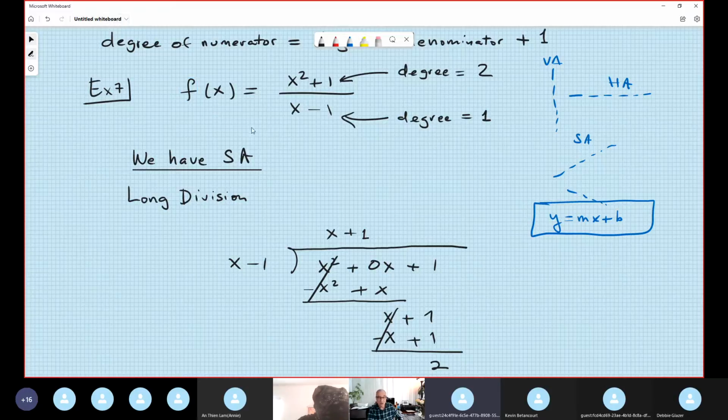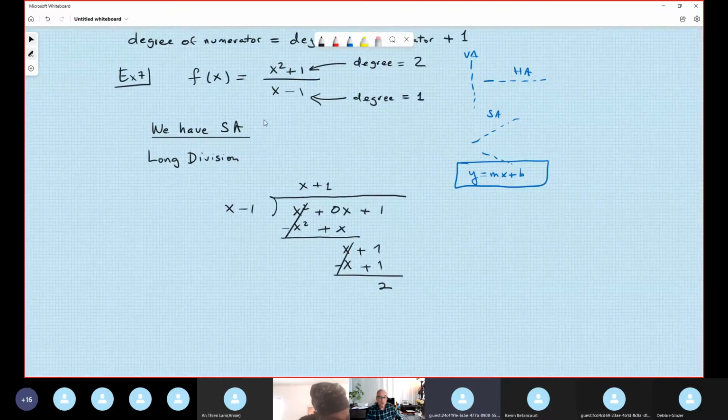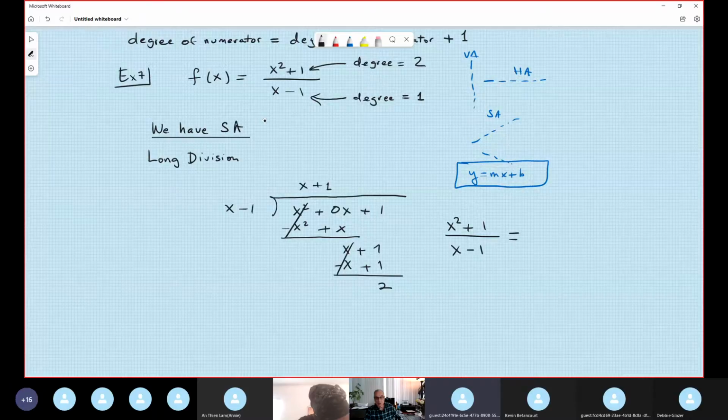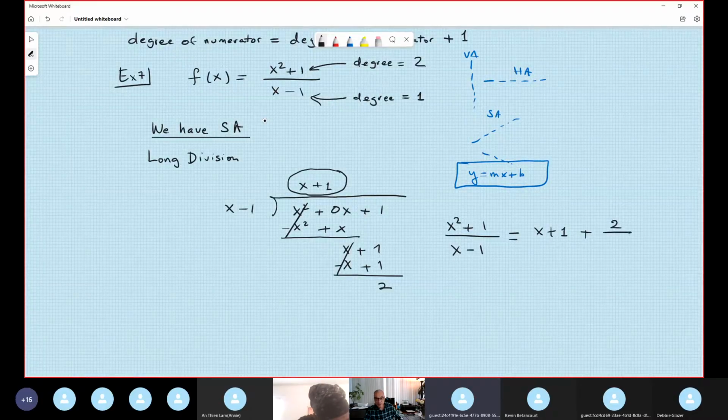Therefore, after the long division, I can affirm that our original expression, x squared plus 1 divided by x minus 1, is equivalent 100% to the quotient, x plus 1, plus 2, the remainder divided by the divisor.